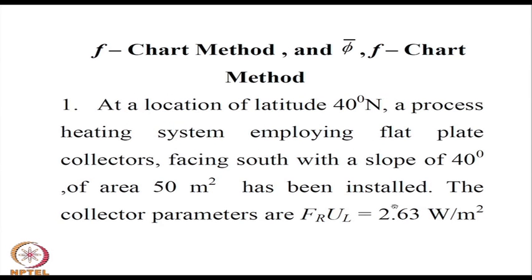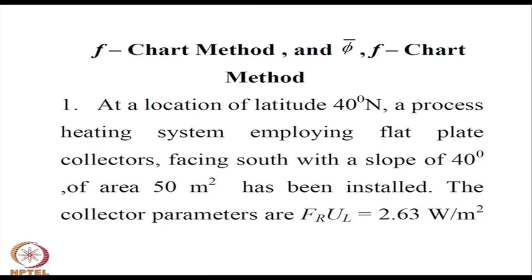Yeah, this was the example based upon the f-chart method and phi-bar f-chart method we have been discussing. It is at a location of latitude 40 degrees N; a process heating system employing flat plate collectors facing south with a slope of 40 degrees, area 50 meter square, has been installed.